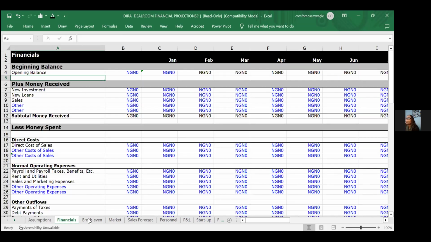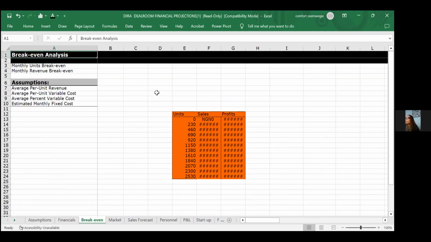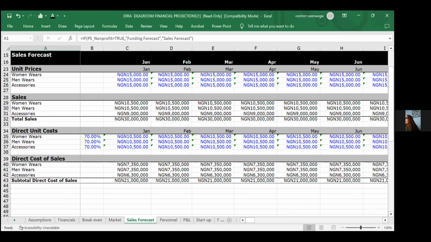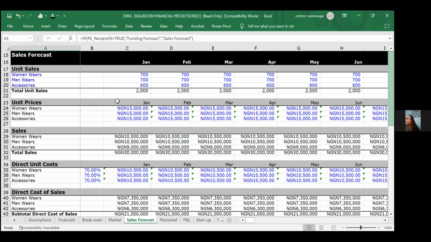Right now, I'm back to the market, right? So this slide is okay. This is another company, and then I'm back to my sales forecast. So for sales forecast, we're going to paste what we had before.